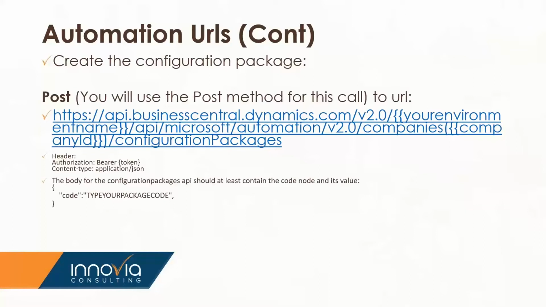And really the only thing you need for this is your code. That's going to be the primary key once it gets written to Business Central. And it doesn't have to be, of course, type your package code. It's whatever you want to name it. I use Inovia test in my example.